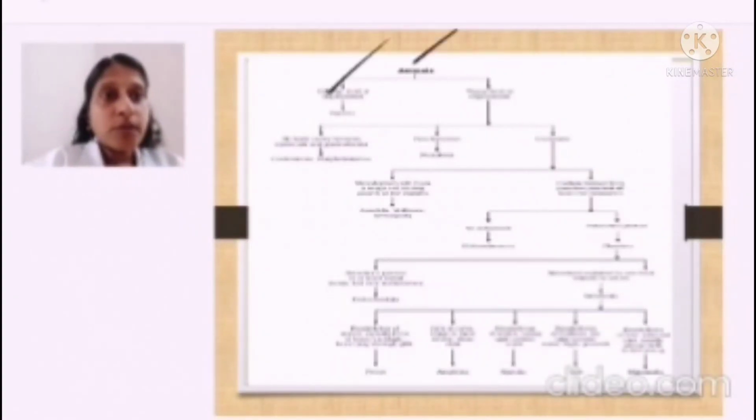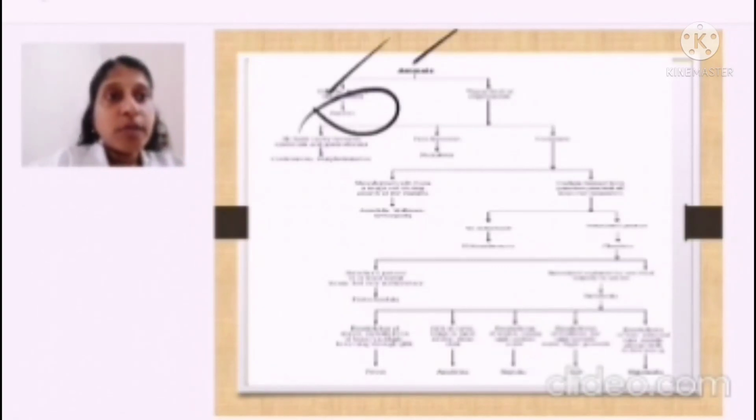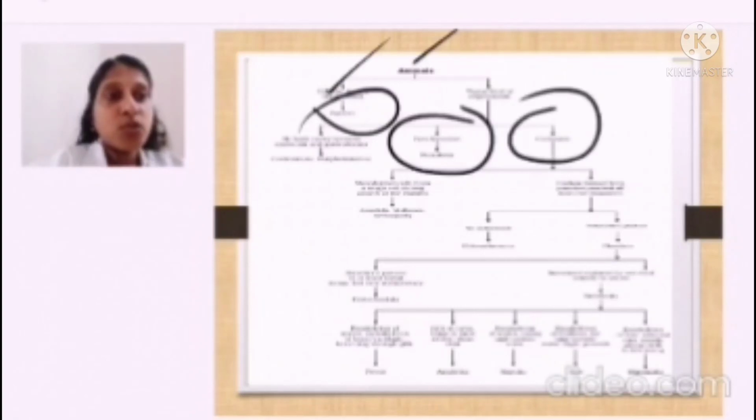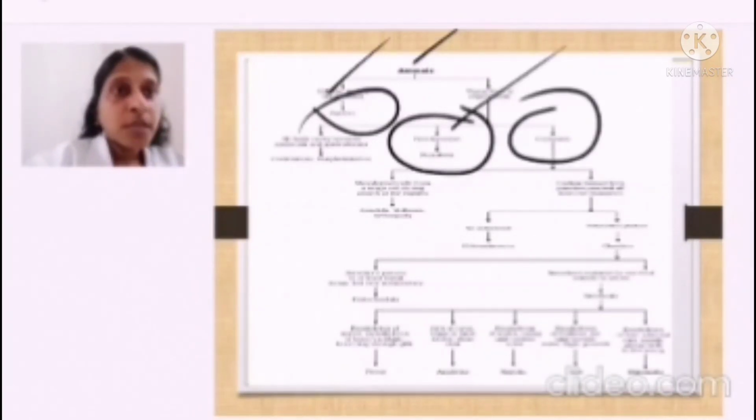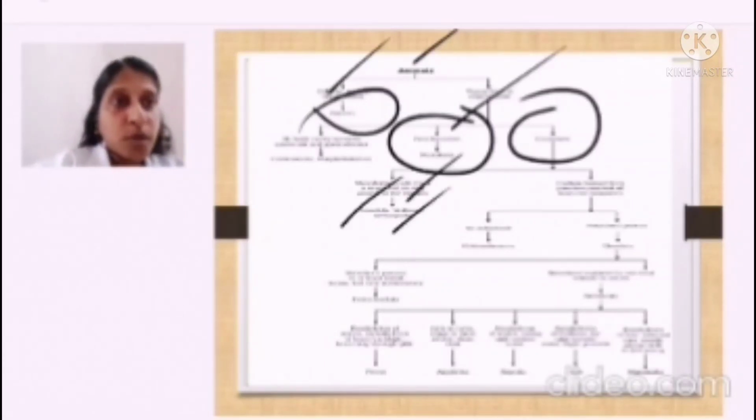Animals, cellular level of organization, it was Porifera, right? Thereafter you can find tissue level of organization, pseudocoelomate as well as coelomate. Pseudo means what? They do not have a proper body cavity, a false body cavity. Coelomate, they have a proper body cavity, right? Under that you can find Nematoda, thereafter Annelida, Mollusca, Arthropoda, Echinodermata, Chordata.